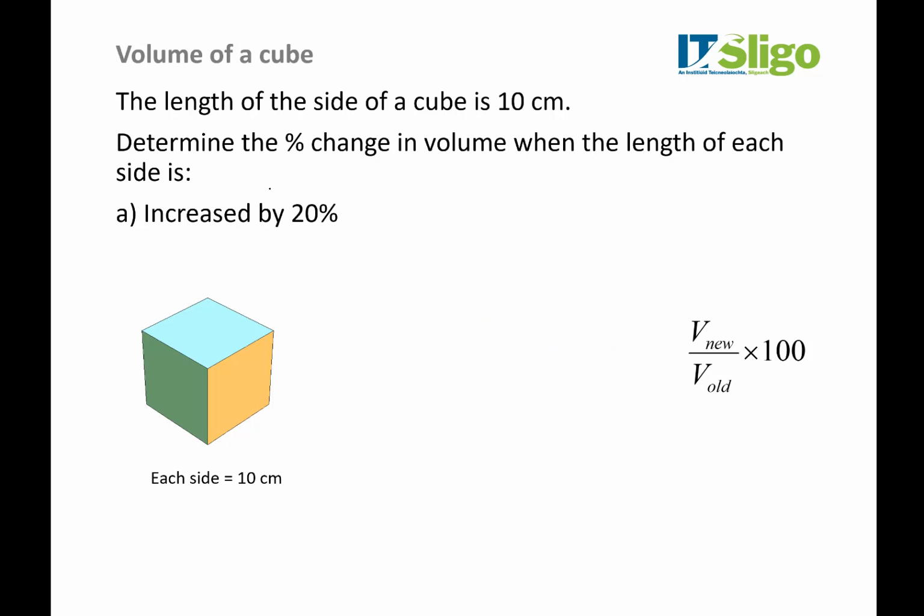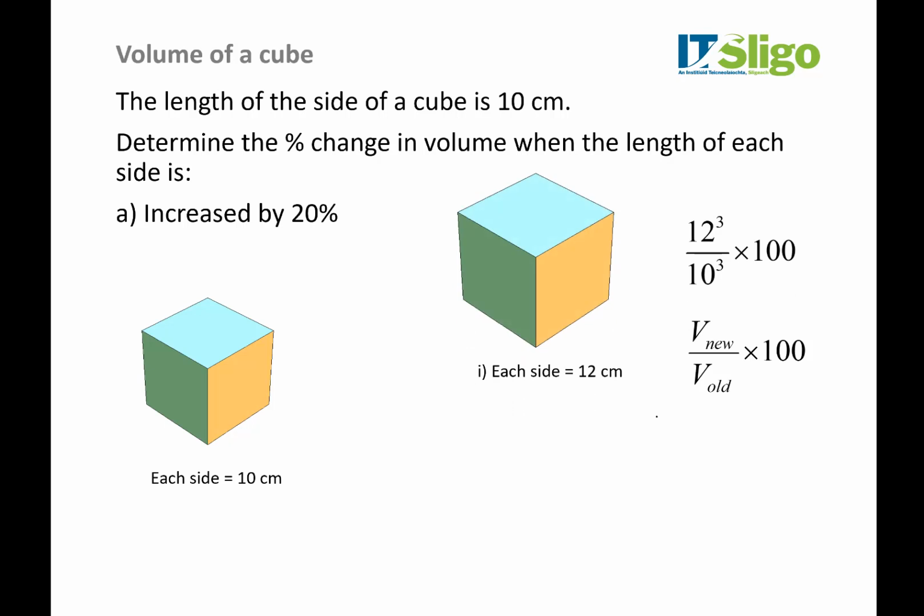It's new over old. We get this ratio of new versus old, comparing a new value to an old value as a fraction. So if each side is increased by 20%, 1/5 of 10 is 2. Each side is now 12.